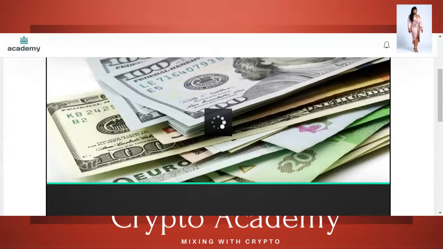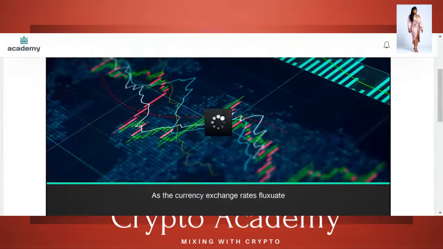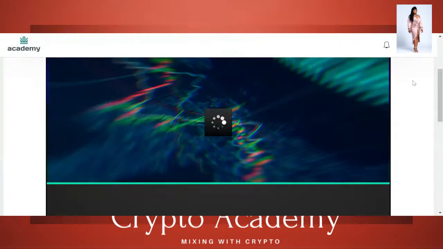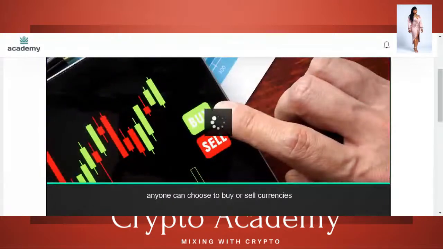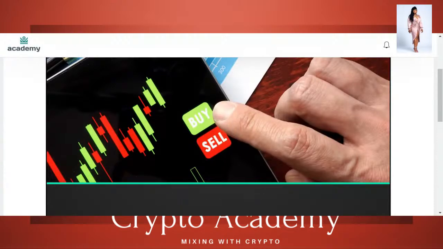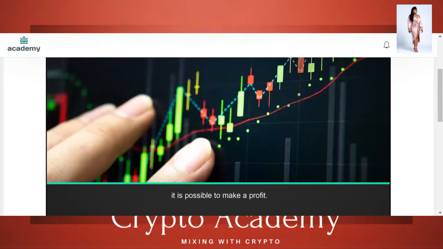As currency exchange rates fluctuate, anyone can choose to buy or sell currencies. If you forecast a move correctly, it's possible to make a profit.